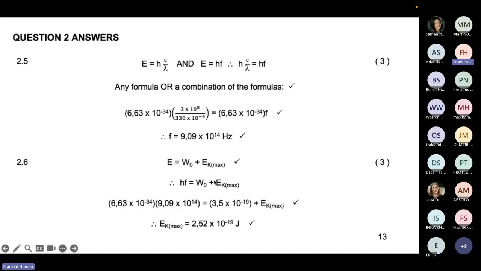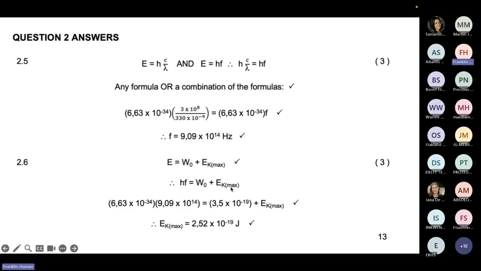And so if we expand our equation, the energy of the photon is equal to Planck's constant multiplied by the frequency, and that is equal to the work function, which is specific for specific metals, plus the kinetic energy of your electron, or your EK max.